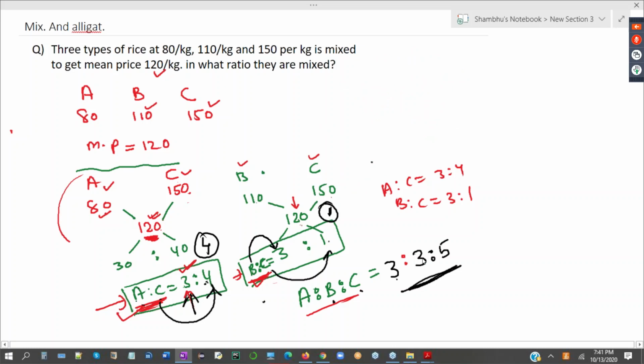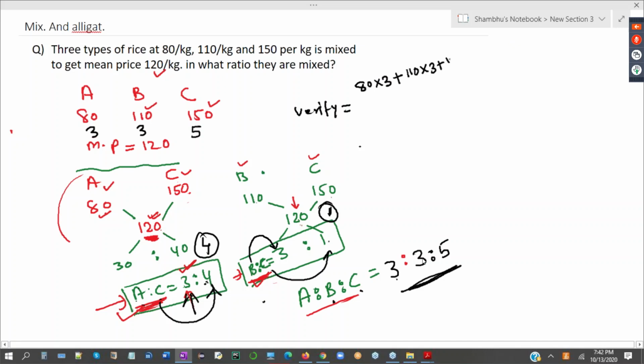Perfect. Now I will verify whether it is correct or not. The ratio I got is 3:3:5. I will verify this. 80 is 3 kg, so 80 into 3, plus 110 is 3 kg, plus 150 is 5 kg, divided by the total 3 plus 3 is 6 kg, 6 plus 5 is 11 kg.